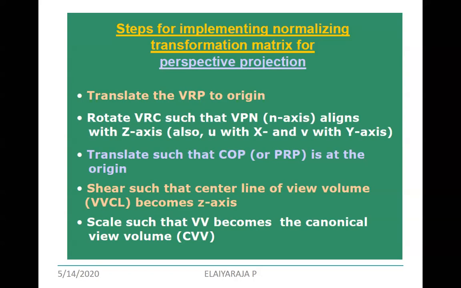So here, translate such that the center of projection for perspective projection is at the origin, then shear such that the center line of the view volume becomes the z axis, then scale such that the view volume becomes the canonical view volume, with respect to the given viewing plane.